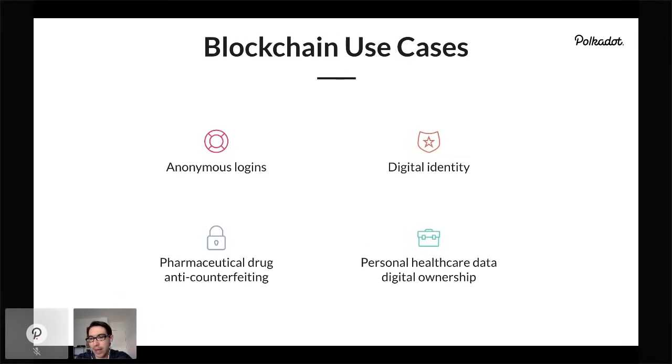Using blockchain and using something called zero-knowledge proofs, we actually can do things like prove to someone that we're over 21 without actually revealing our birth date or age. So there's a lot of these really cool tricks that allow us to have these identities without giving out any more information than we need to.